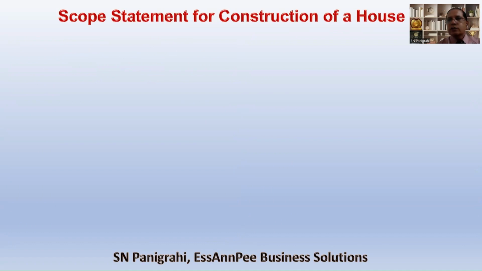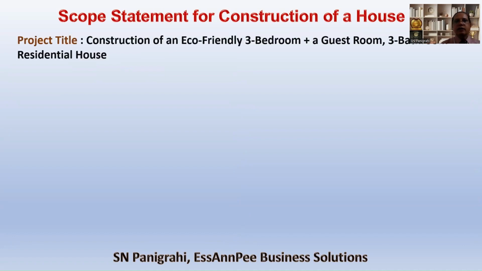Now the construction of a house in the scope statement, as I told you, this is an example we have taken. What are the various elements for the construction of an eco-friendly 3-bedroom house with a guest room, plus 3 bathrooms, the residence we are constructing?